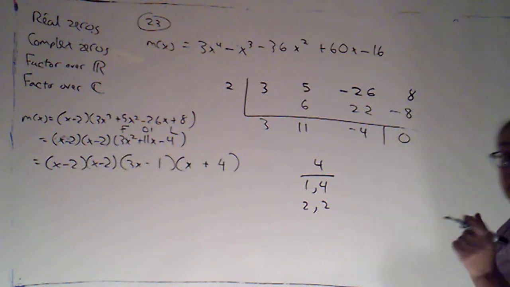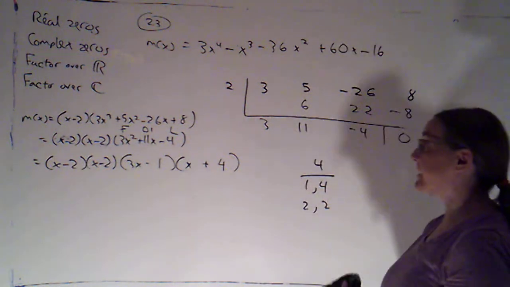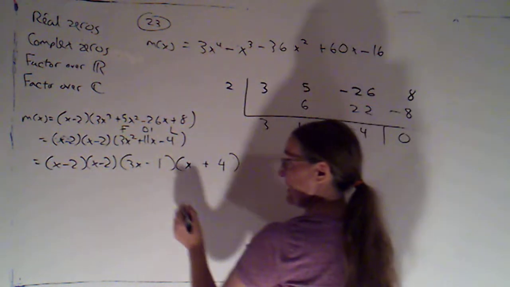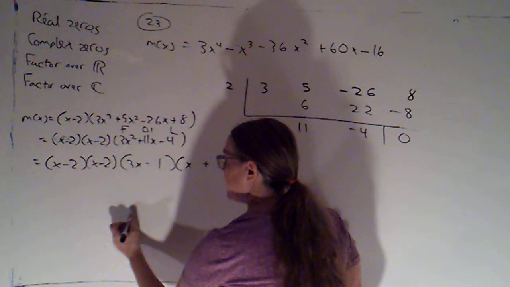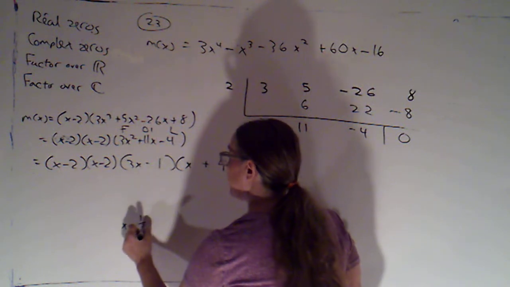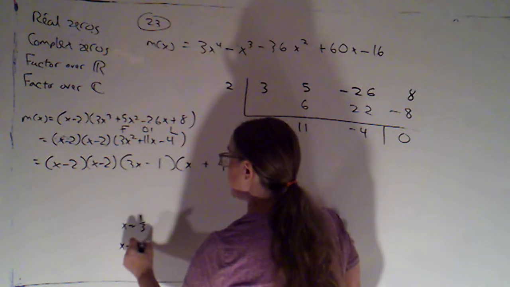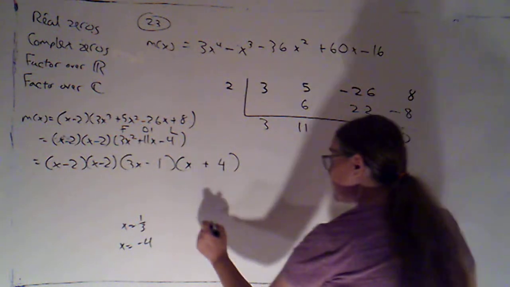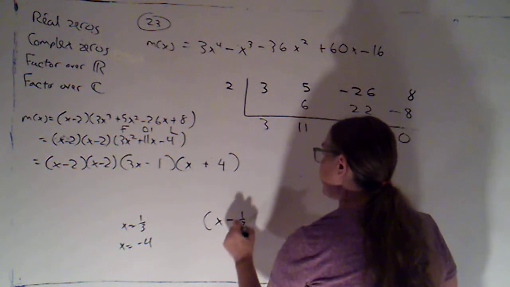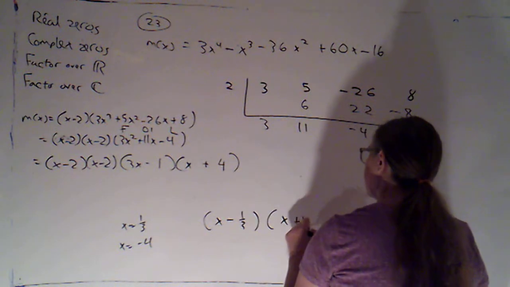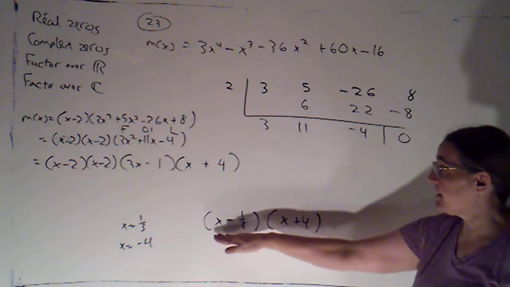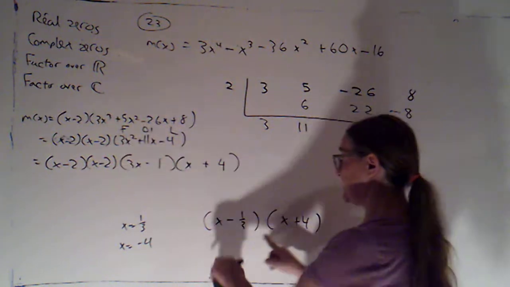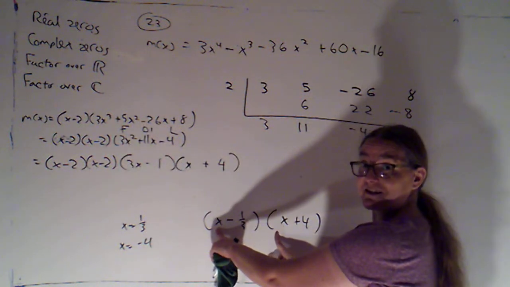Excellent. Now, if I had used the quadratic formula instead, notice the 2 zeros that I'm getting here: this would give me a 0 of x equals 1/3, and this would give me a 0 of x equals negative 4. If you got just those zeros, you would have gotten factors x minus 1/3 and x plus 4. Be careful, because those don't multiply out to give me this, because the lead term here would just be x squared.